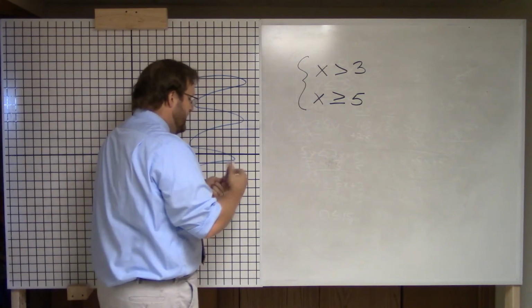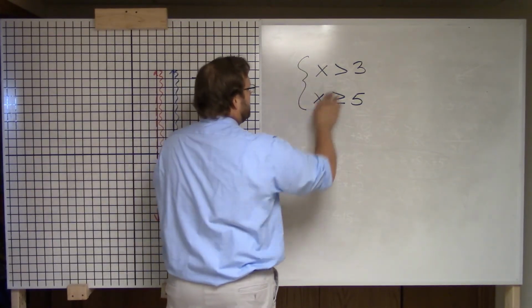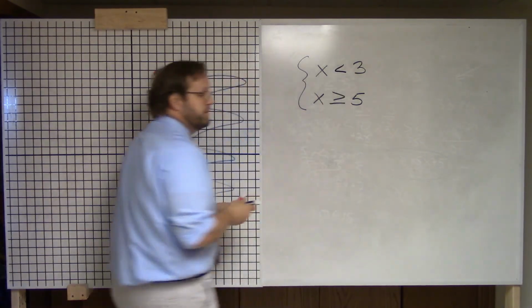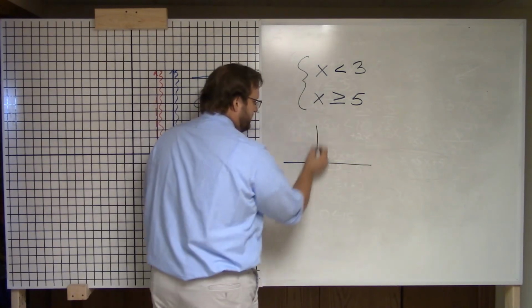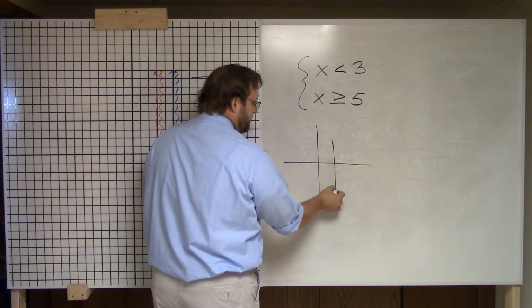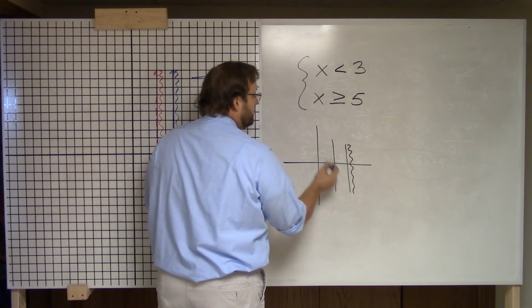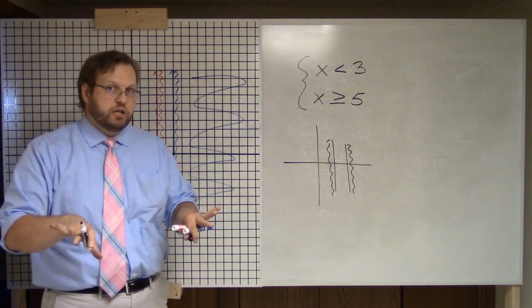Now, if you had two lines, let's say this was less than 3, that's a different story. Let me just do a rough sketch here. If this is your 3 and this is your 5, you want to go bigger than 5, less than 3. In that case, does that shading overlap?